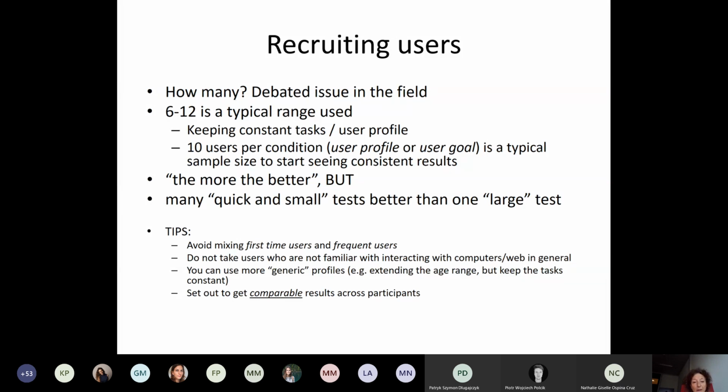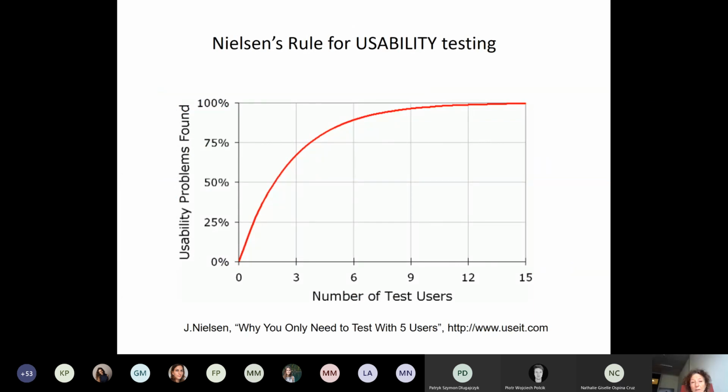There is a general rule, which is Nielsen's rule for usability tests, which says that even with a small number of users, you can have very good results. With 3 users, you can get almost 60% of problems detected. With 6 users, you go around 80%.